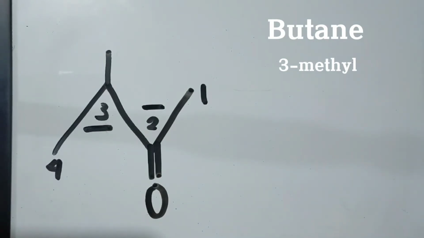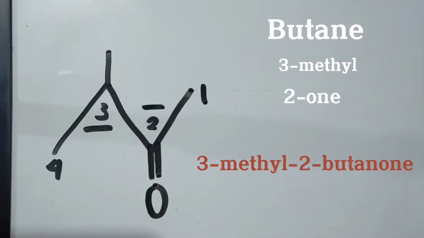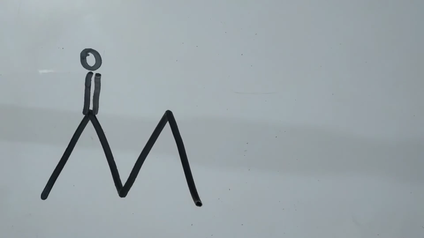Then our ketone group is located at the second position, where our suffix will be 2-one. If we combine this together, drop the e in butane and add -one, then add 3-methyl and 2. Final name, 3-methyl-2-butanone.